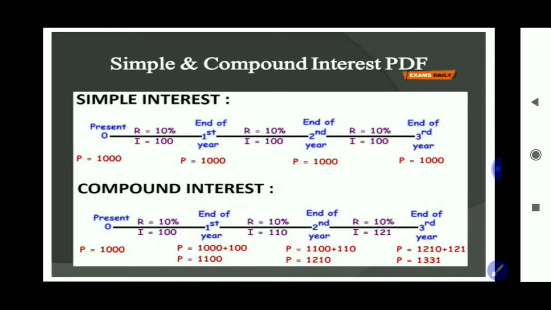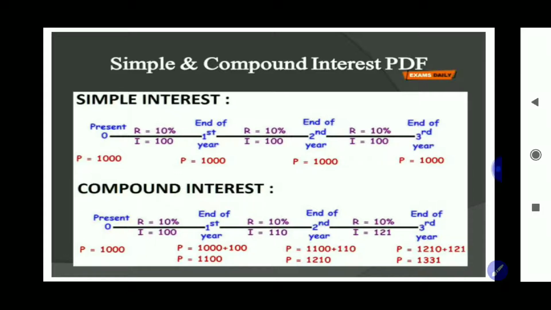Here 1000 rupees is lent. That means principal is 1000. Observe carefully. Rate of interest is 10%. So at the end of the first year, interest is 100 rupees, and principal is 1000.